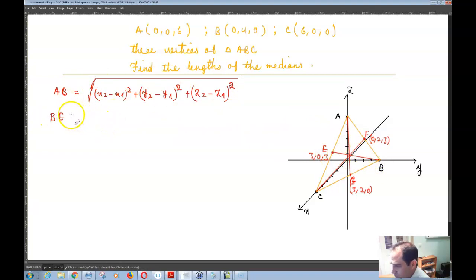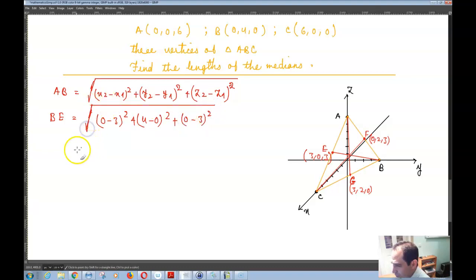BE would be the square root of, so B is over here, (0 minus 3) all squared plus (4 minus 0) all squared plus (0 minus 3) all squared, which is the same thing as the square root of 9 plus 16 plus 9, which is the square root of 34.